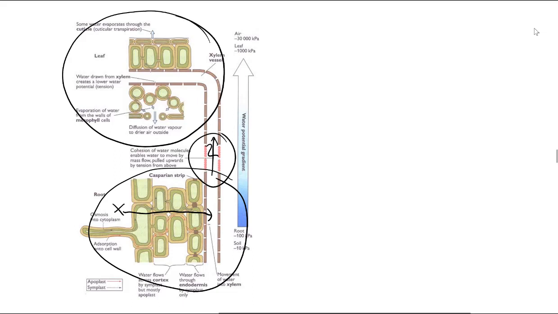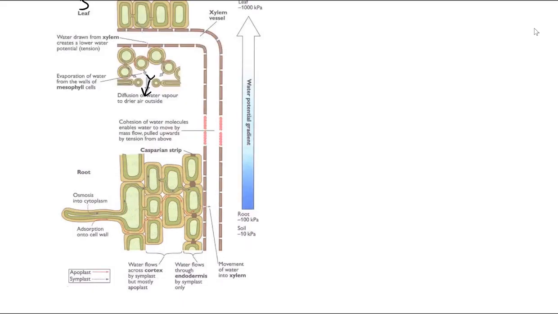And the third area was the movement of water through the xylem, out into the leaf, and then evaporation from the cells, and then diffusion out through the stomata. And that area was transpiration, creating the negative pressure, which basically drives this whole process. So let's have a look at it.